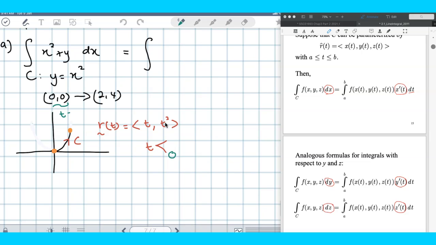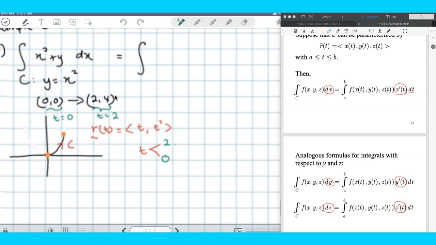And then for this one, what is the value of t so that your x is equal to 2 and your y is equal to 4? We can see that when t is equal to 2, your x is 2 and your y is 4. So your t is from 0 to 2.